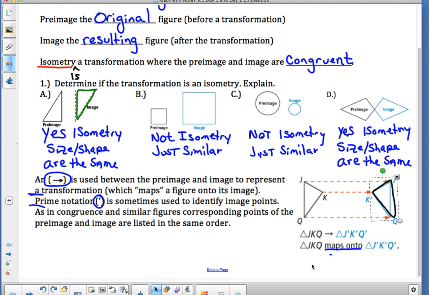When we have A prime or A double prime with the figure, this is telling you, the reader of the diagram, that a transformation is taking place. This one's the pre-image, and this is the image.